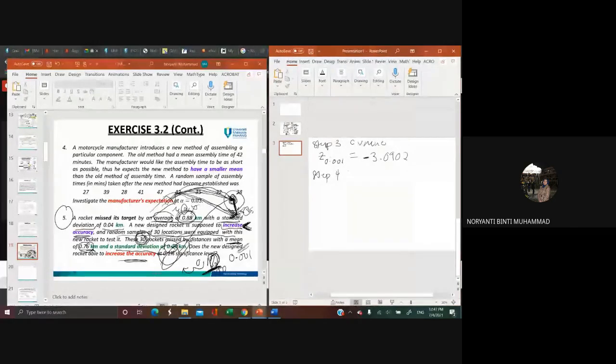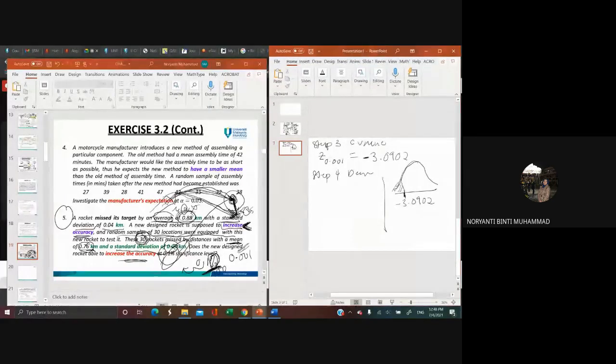So now step number 4, decision. For the decision, we have 2 ways. I will consider both answers, but if you don't clearly show me the graphical one, sometimes I cannot consider it. You know this is a left tail, so I'll show you both ways. When you use the graphical method, you know this is the Z distribution, symmetric, and you have the left side. So the value you get here is negative 3.0902.